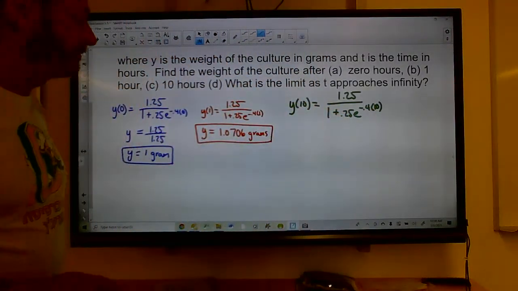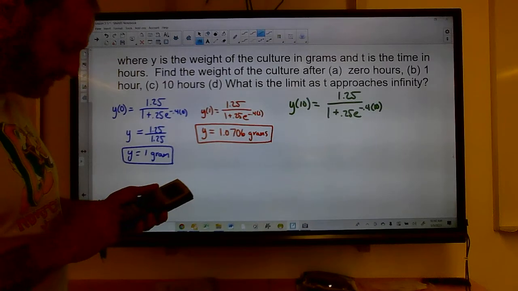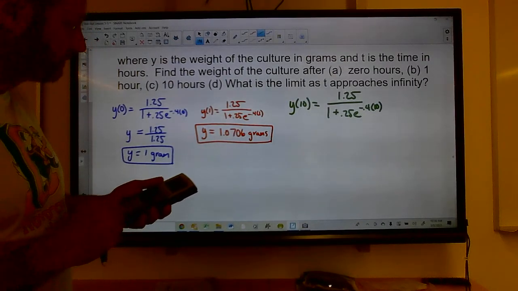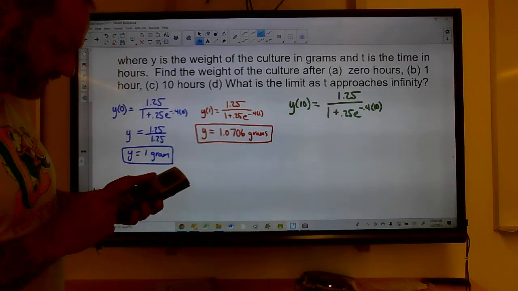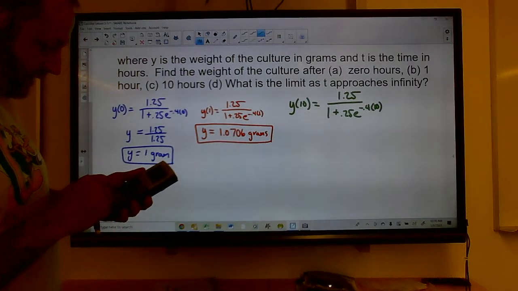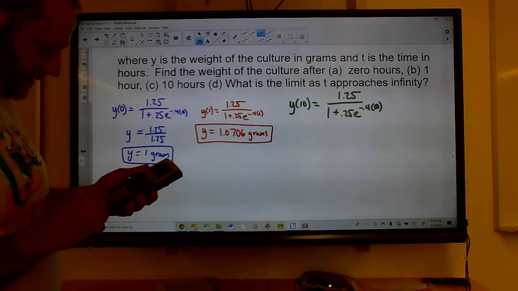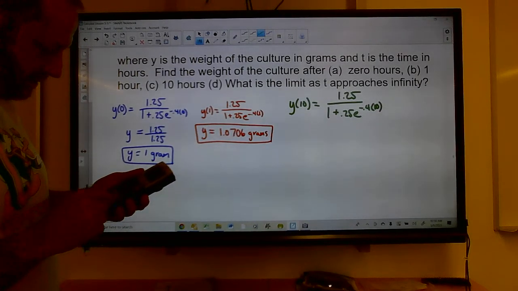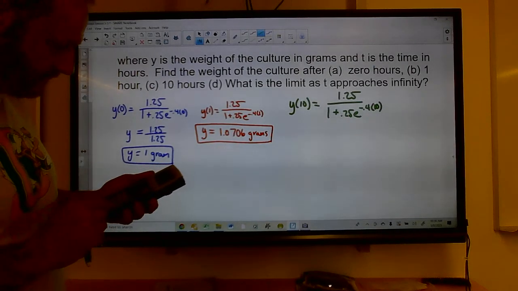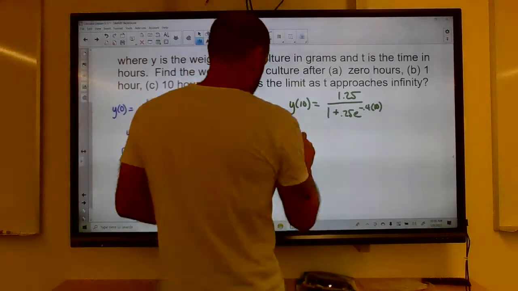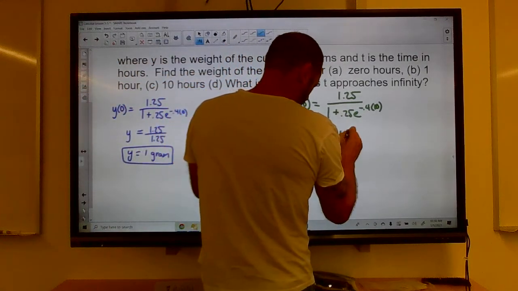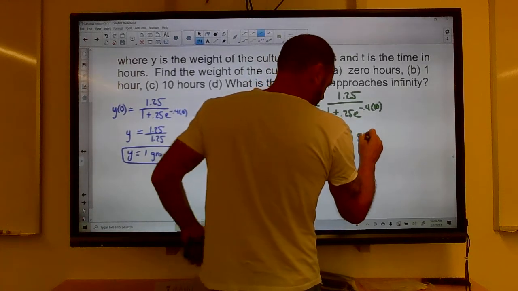So that's basically the negative 4 power there. 1.25 divided by, open parentheses, 1 plus 0.25 e to the negative 4 power. Okay, so y is going to be 1.2443 grams.